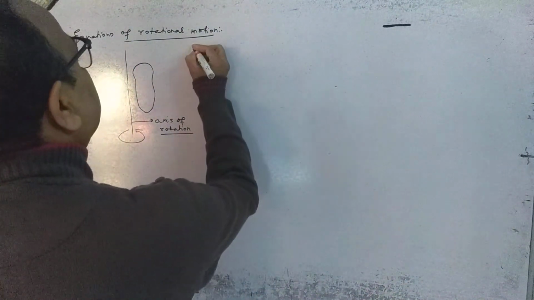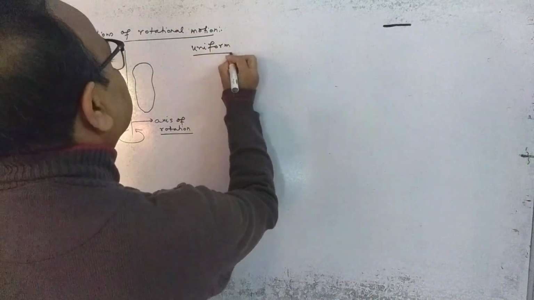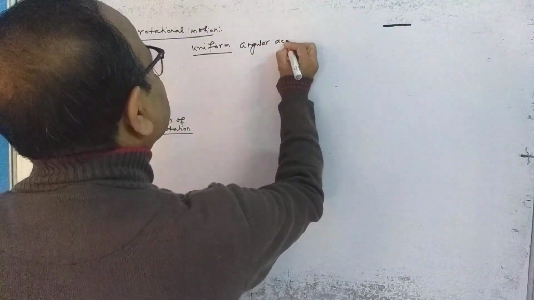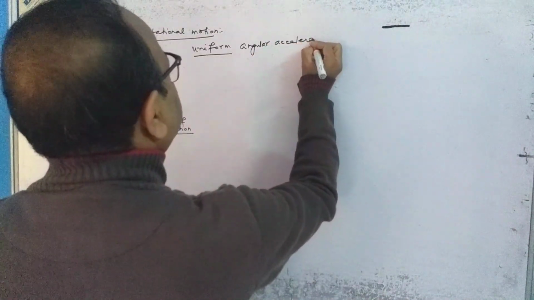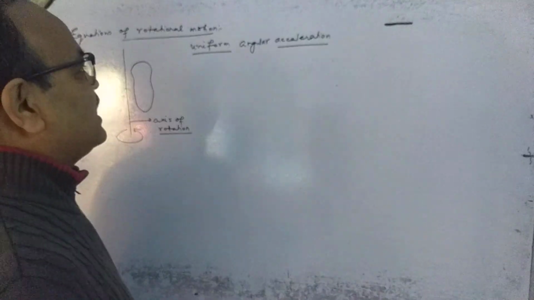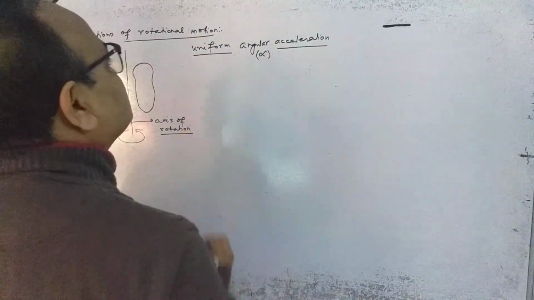Let us consider a rigid body rotating with uniform angular acceleration. Angular acceleration is alpha.